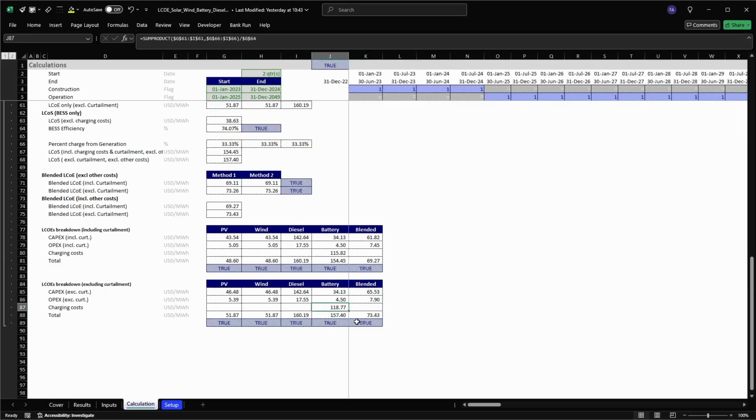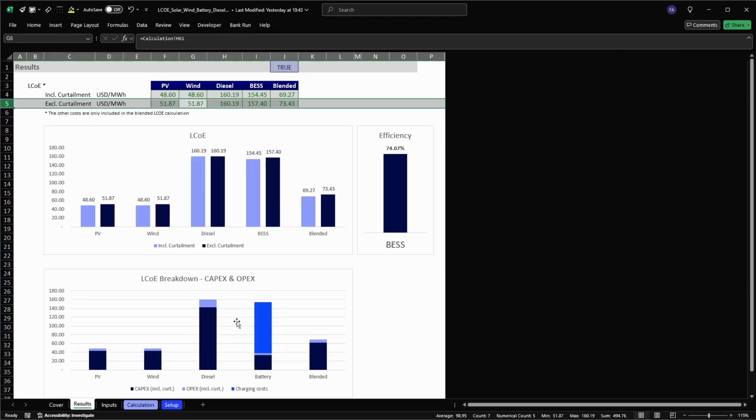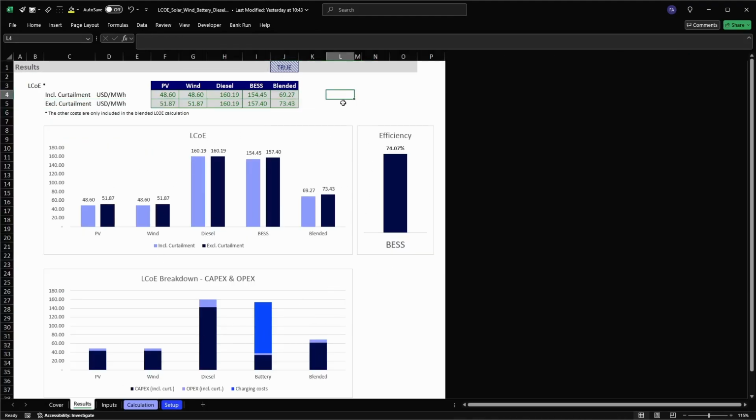It's just broken down over here, right? So that's basically what we do. And then I just bring the results over here, and you can see that everything fits correctly in the results table. Okay, so that's it.